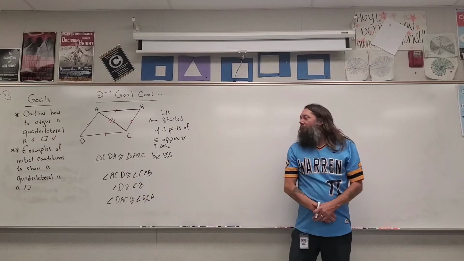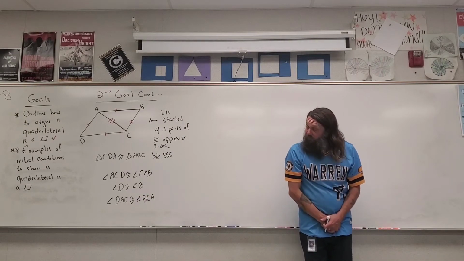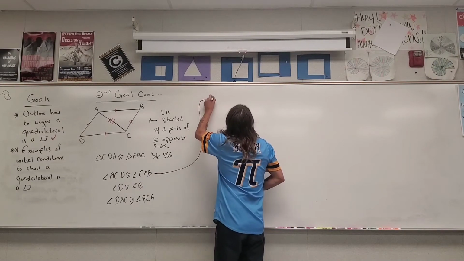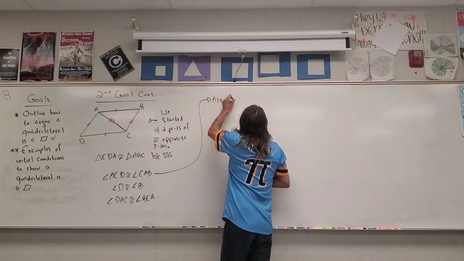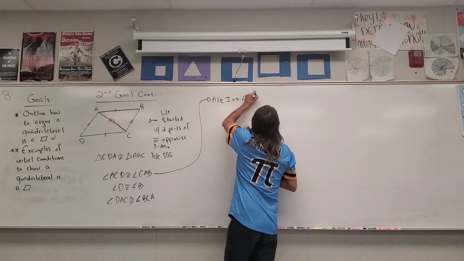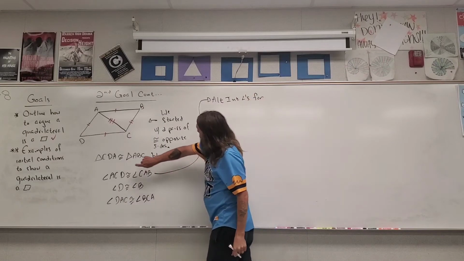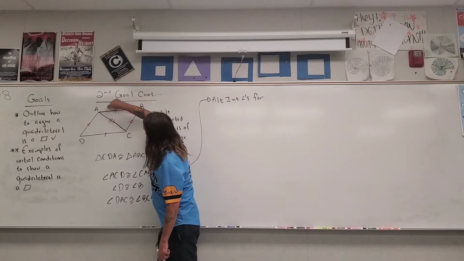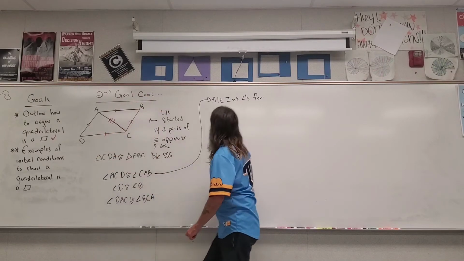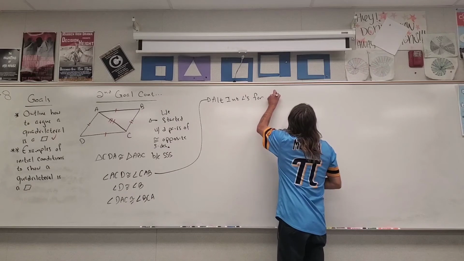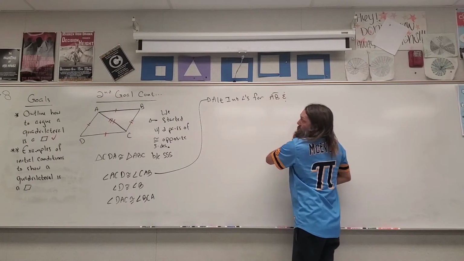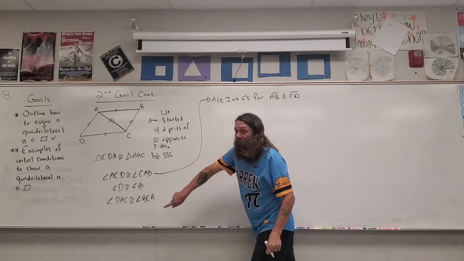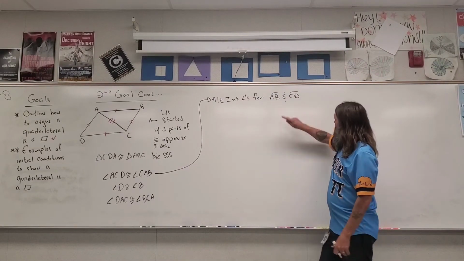Now, we have a couple pairs of congruent alternate interior angles, okay? These are alternate interior angles. Angle ACD and angle CAB, those are alternate interior angles for sides AB and DC. And since they're congruent, that means that these must be parallel.